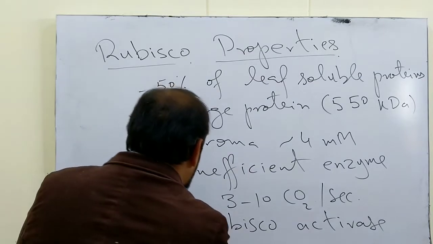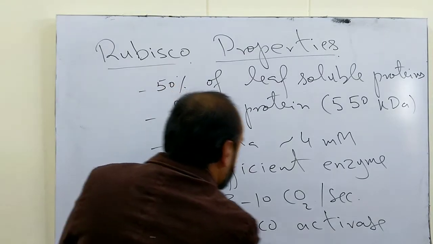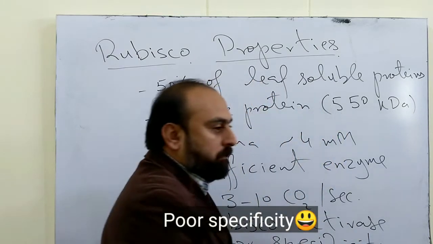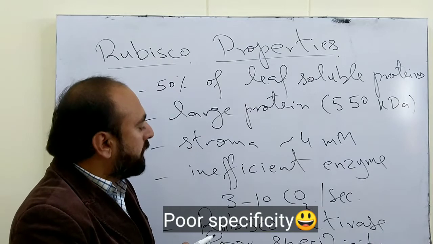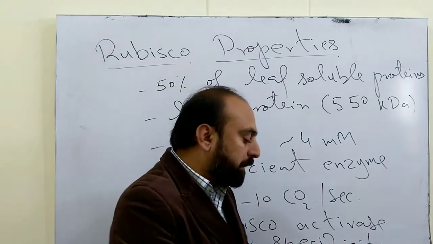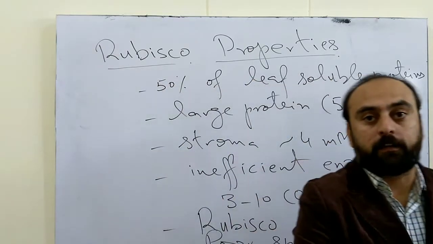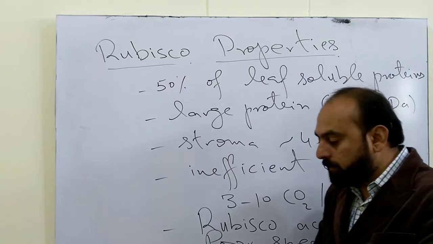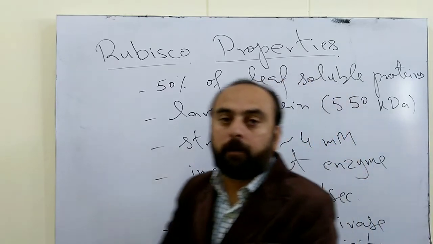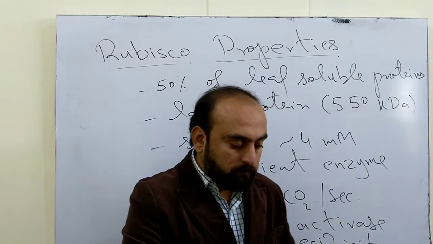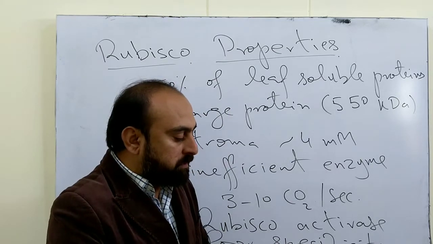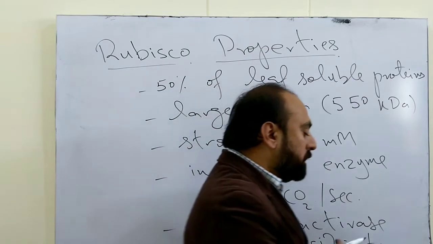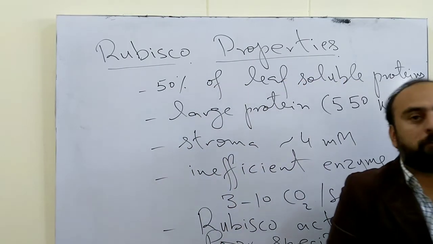And then it has poor specificity. As I told you before, it can react with both carbon dioxide and oxygen. So carbon dioxide and oxygen are competitive inhibitors. They bind at the same site. This is probably due to the fact that Rubisco evolved at a time when the atmosphere was devoid of oxygen.